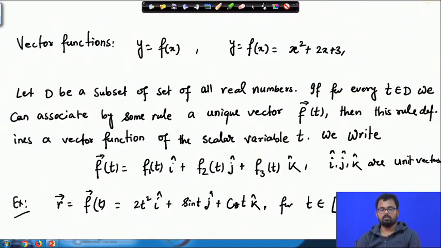This could be our vector function. Like this we can define several types of vector functions, how we represent them using i, j and k, their domain, where the variable t belongs to, things like that.